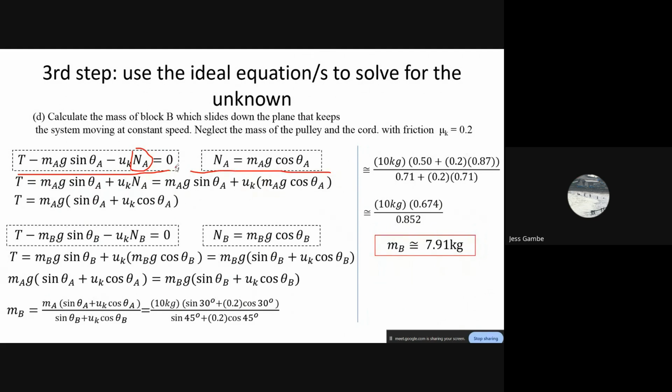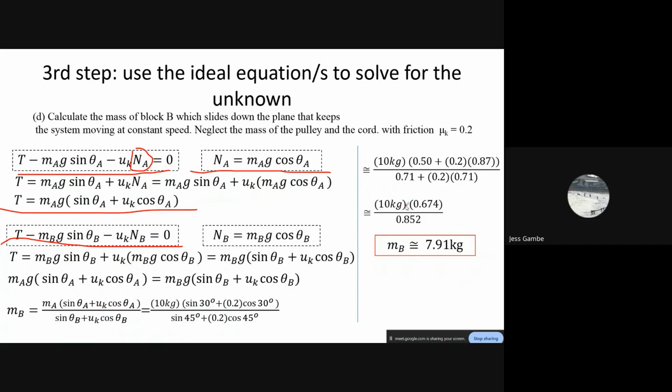We simply substitute this term into the equation. You are left with this term here that is equal to zero. The tension expression is MAG sine theta A plus mu K cosine theta.